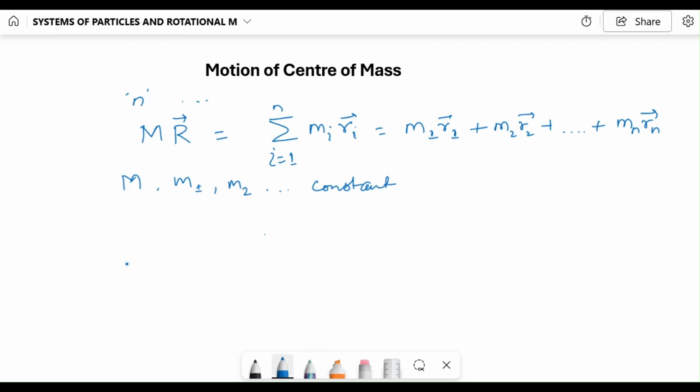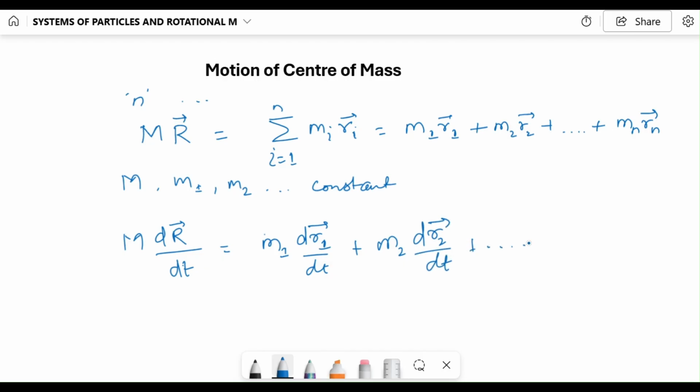So we can differentiate both sides, meaning we can take time derivative. So M dR by dt equals m1 dr1 by dt plus m2 dr2 by dt, so on up to nth particle.